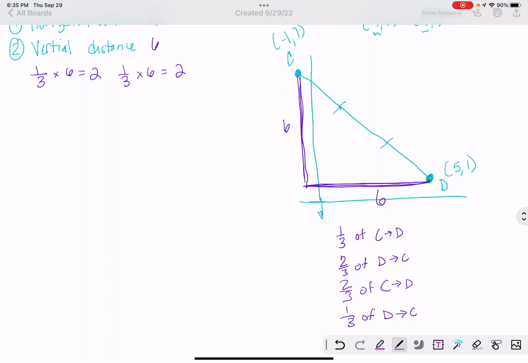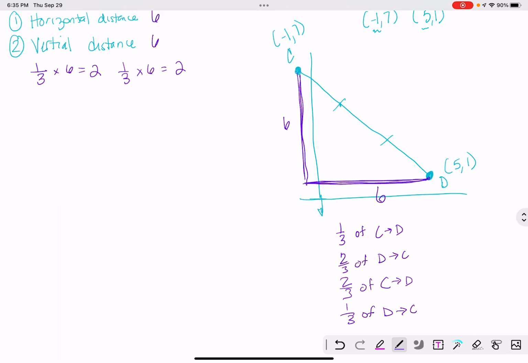Okay, so notice they're asking for specifics. So when C comes first, C is our initial. So the first one we're looking for is when C is our initial. So when -1 and 7 is our initial point. Okay, and I'm actually going to find 1/3 and 2/3. I'm going to find these two first because those are our initial points.